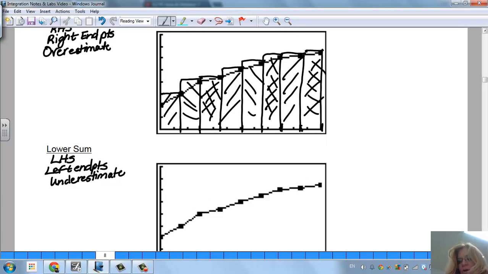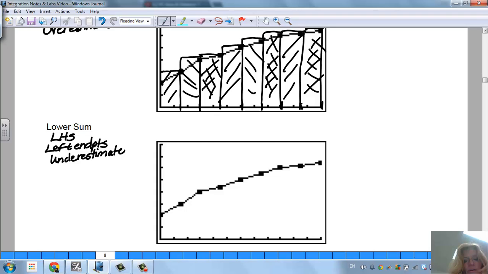Now let's do our underestimate, or our left-hand sum. So here we're going to start at the left and use that to come over. I'm just going every 1.5 seconds. So I'm going to come over and come down, go to the left, come over, come down, left, come over, come down, left. This takes practice.